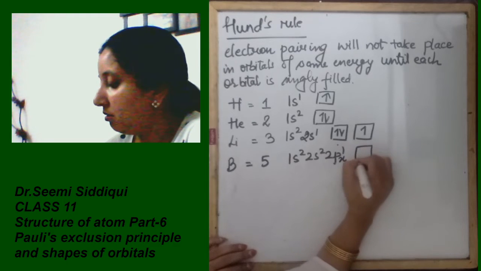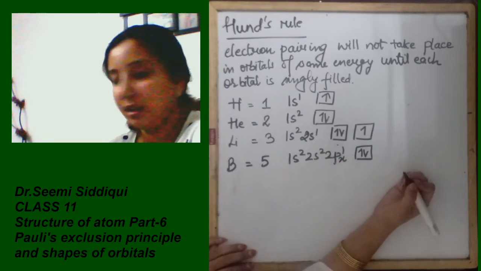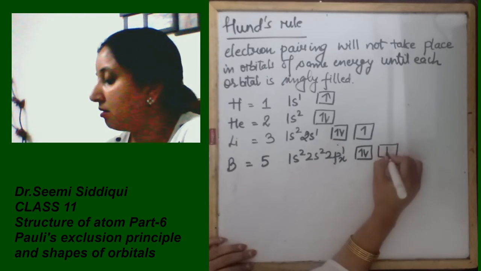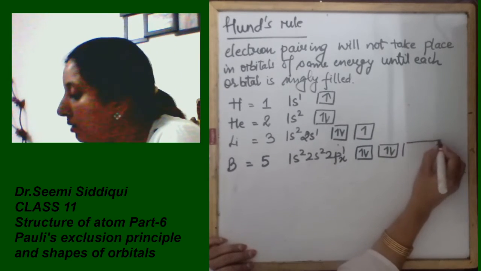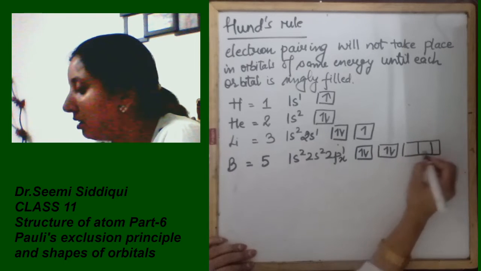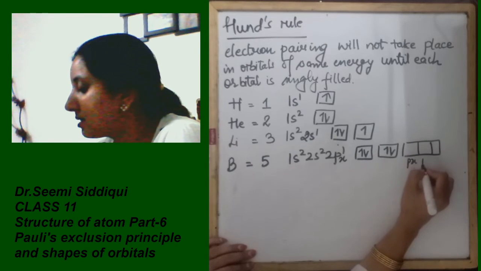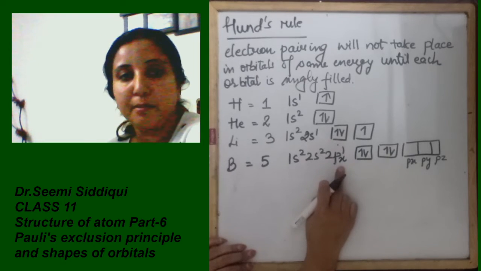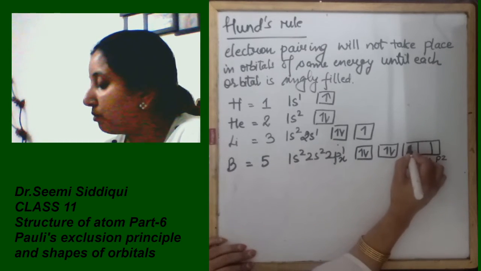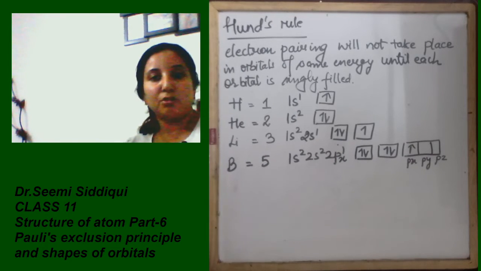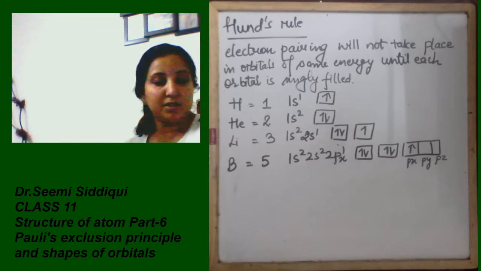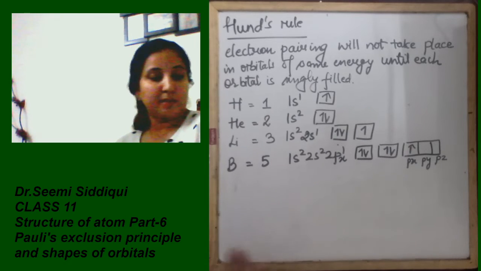So now 1s2, 2s2, and in the case of the p orbital we are having the 3, that is your px, py and pz. अब यहाँ पे किसके पास है? px के पास, so we are going to write over here. Got it? Let's look at a few more examples, then we will just wind up with this.